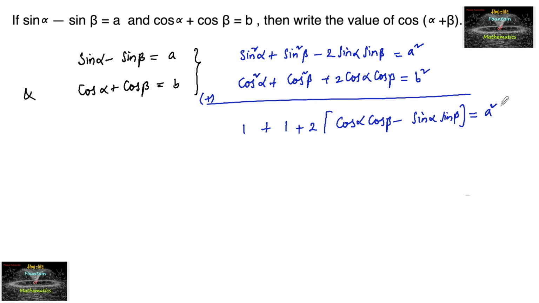Which equals a square plus b square, or we can write this as 2 plus 2 times cos alpha cos beta minus sin alpha sin beta, which is the cos of alpha plus beta formula.